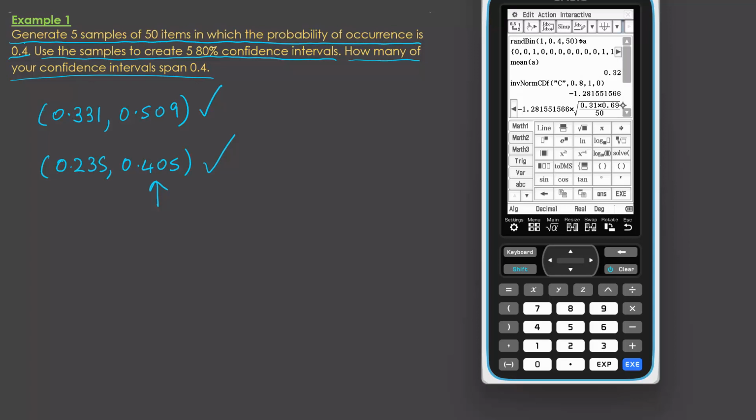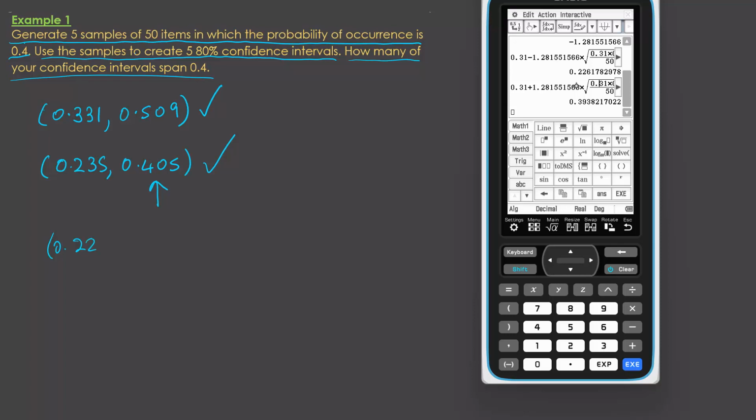And if we execute on those two, you can now see that I've got 0.226 and 0.394. That one would not contain 0.4.